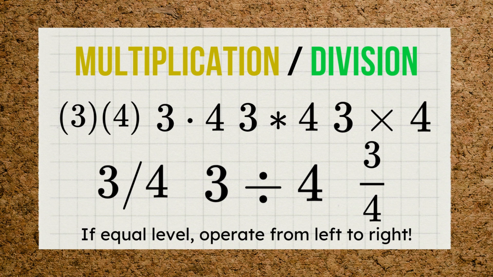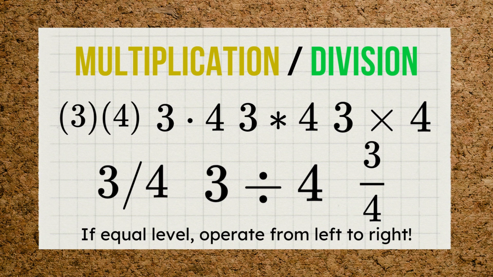Now for the third priority, this includes multiplication and division, which are of the same level, so you have to operate them from left to right. This is where most of the confusion comes from because of how many signs can be used to express multiplication and division. So we have the parentheses or even brackets and braces.